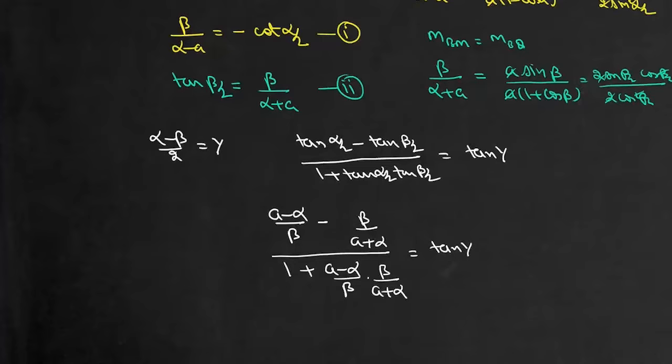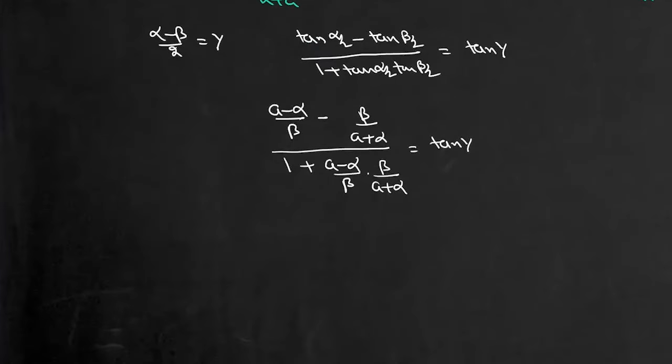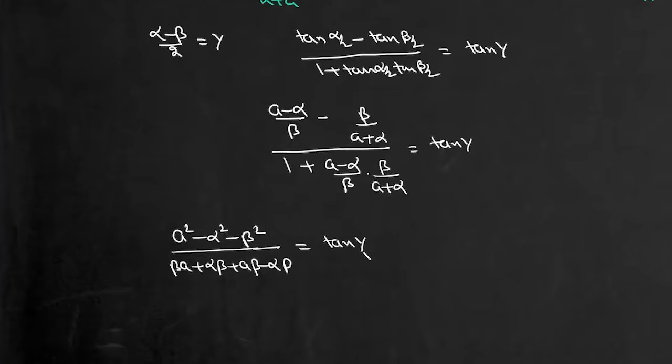Now if we simplify this, we can write this as a square minus alpha square minus beta square upon beta a plus alpha beta plus a beta minus alpha beta, and it is equal to tan gamma.